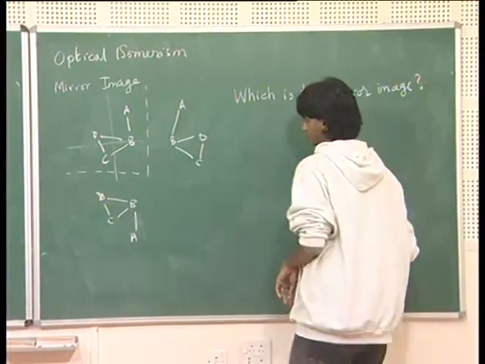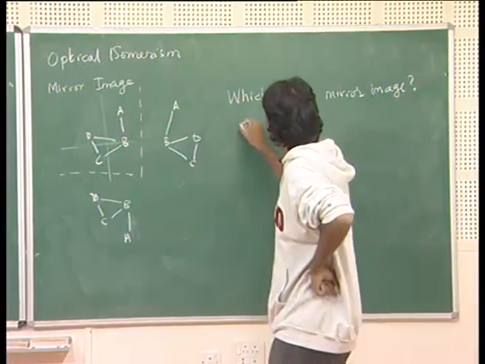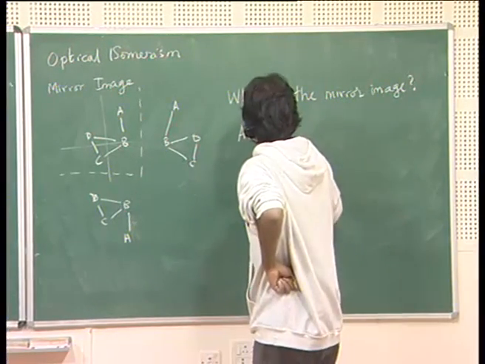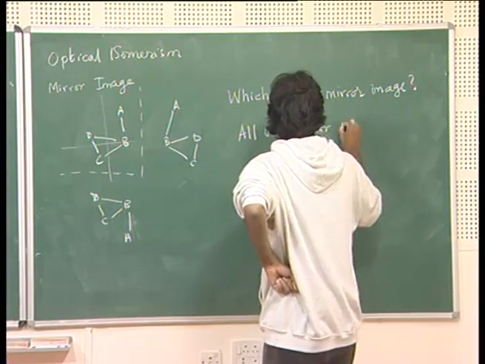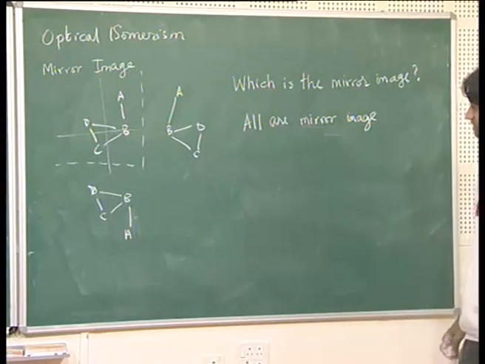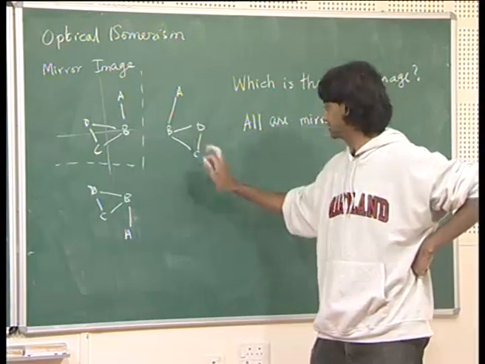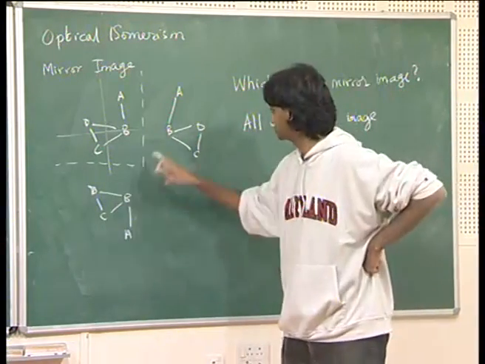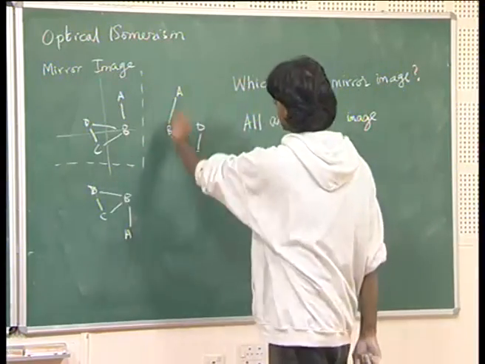So, the answer to this question is all are mirror images. All are the same mirror image. So, this and this are the same mirror image. How is it that you said these two are the same? The reason is that if you just turn this around, you will get this.